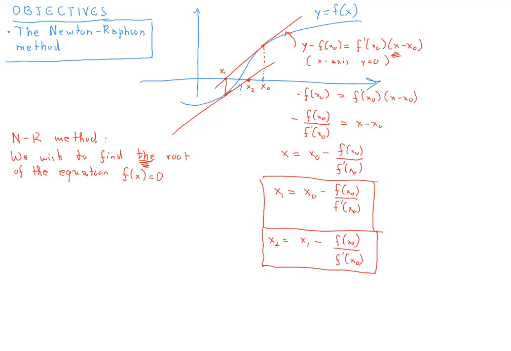If you start with a random first point, then usually what will happen is your method will approach one of the roots. If you wish to find all the roots this way, you have to be careful how to choose the first point.